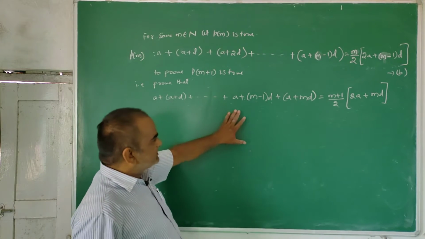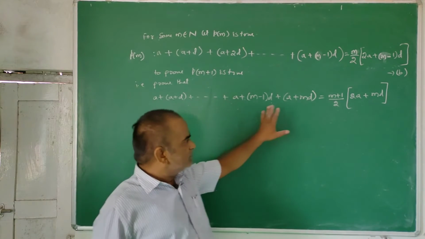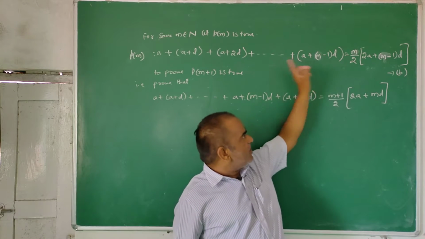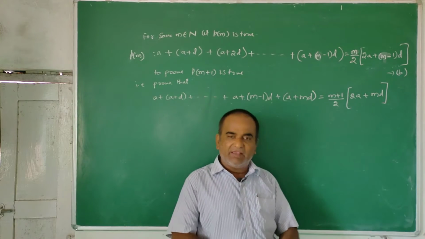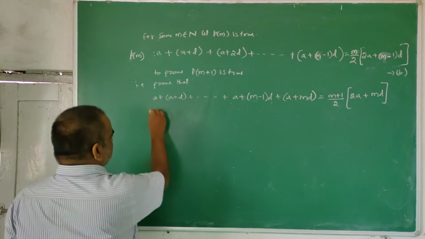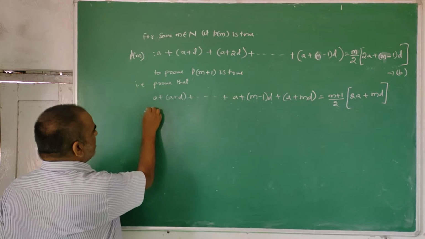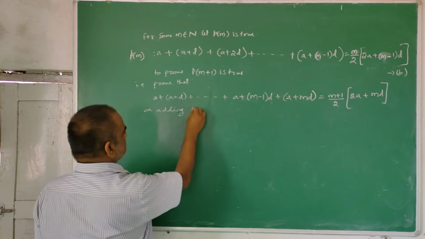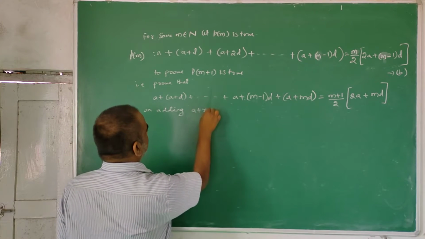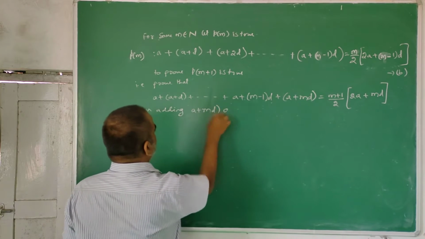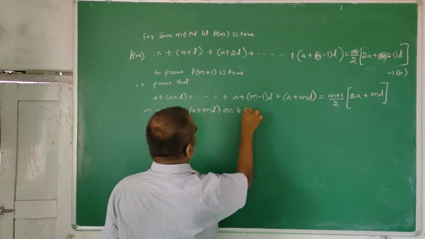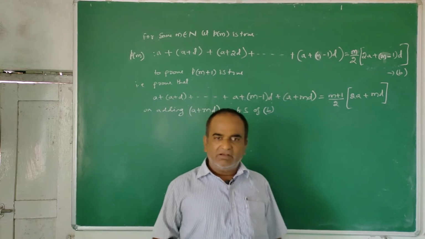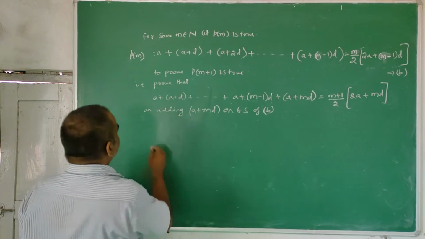So to prove this, what do we have to do? We have to add this a plus md on both sides of equation B. So on adding a plus md on both sides of equation B, now let us start this procedure.